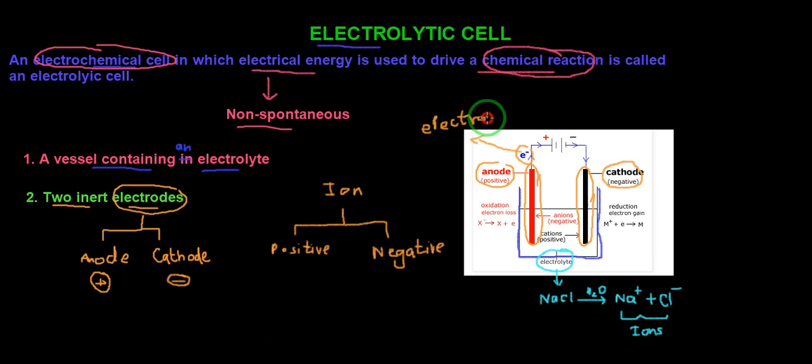This arrow, as you can see here, represents the movement of electrons. It actually shows the direction of the electrons. As you can see, the direction of electrons is from anode to cathode. So it means that electrons travel from anode to cathode.